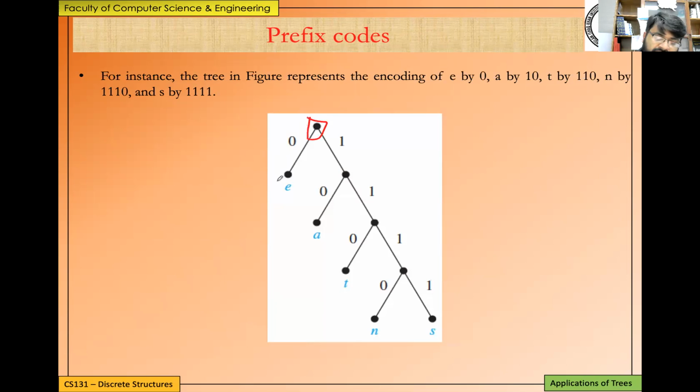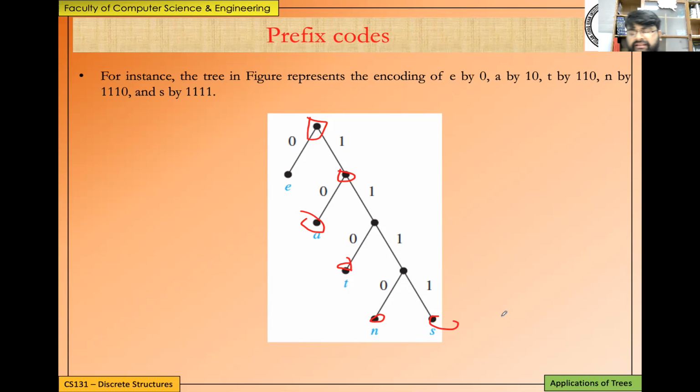However, if you have a first 0, then you get a leaf E. If you get a 1, it is an internal node, then the next 0 is an A. Similarly for T, N, and S, we now have a prefix tree in which E is represented by 0, A by 10, T by 110, N by 1110, and S by 1111.